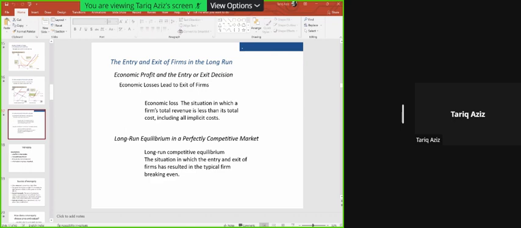So we should consider implicit costs also, apart from explicit costs. Explicit costs are those costs which we explicitly write down in the financial statements, in the P&L account, but there are certain costs which we don't record in the books of accounts. I have just given you the example of the salary of the entrepreneur, which sometimes may not be recorded, but he deserves to be paid.